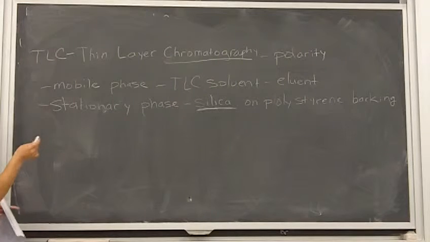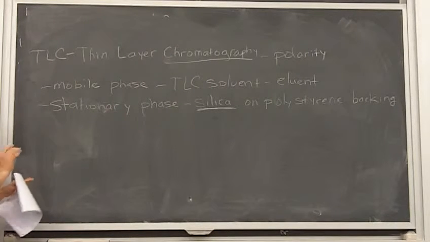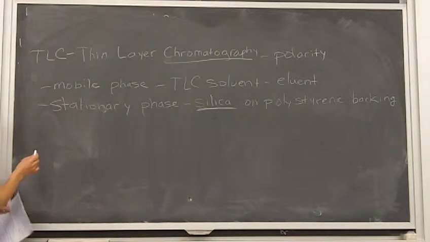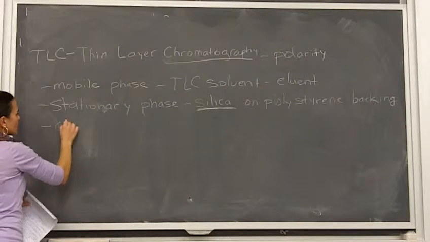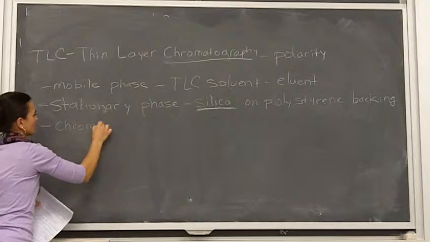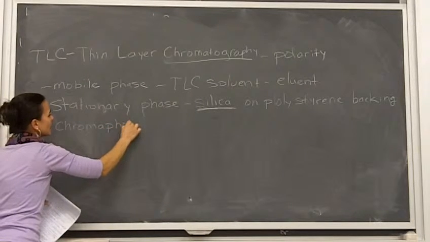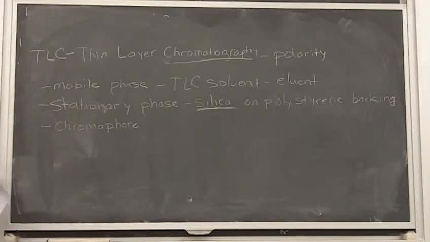And thin layer chromatography, like I said, is used in many different fashions in organic chemistry. What you need is what's called a chromophore. You need to be able to see it either under UV light, or you have to use different types of stains to be able to see it.